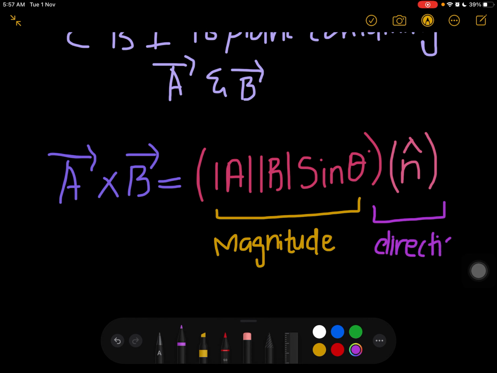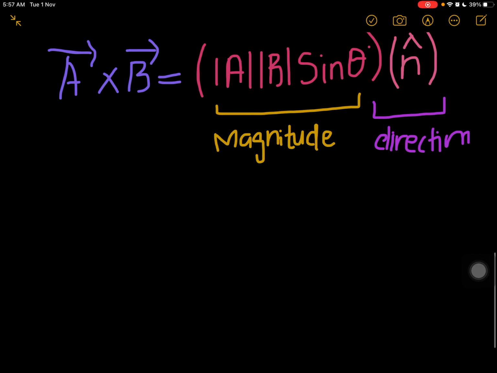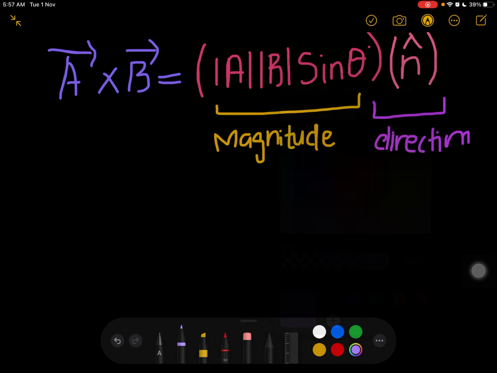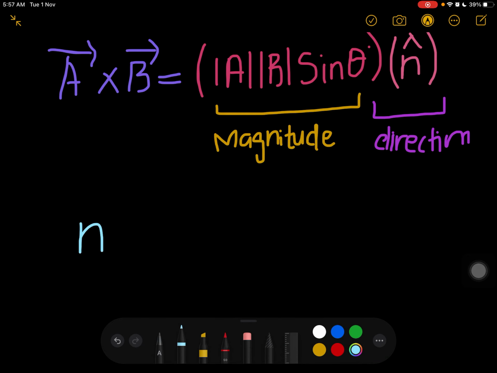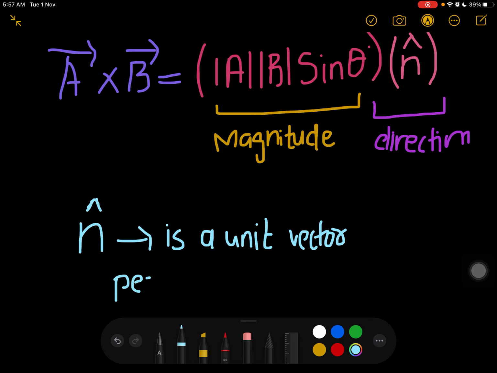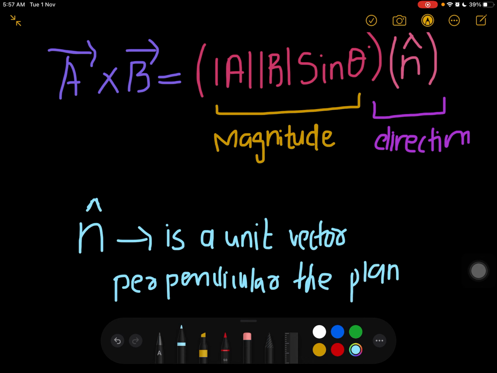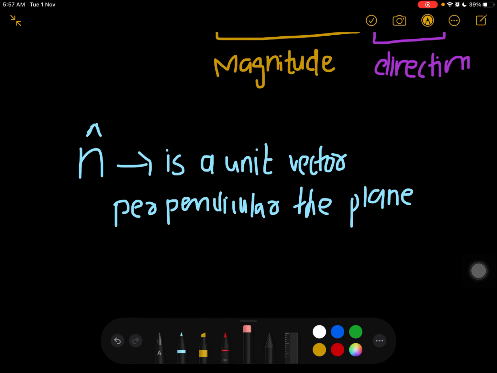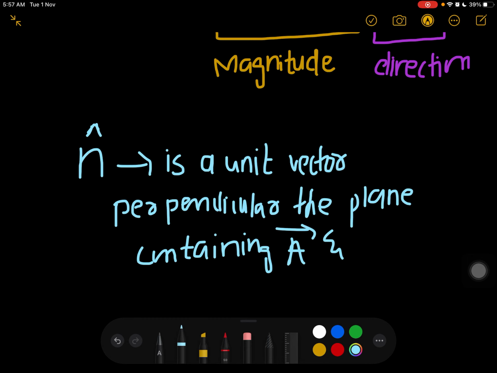It can be any direction, but you have to remember this: this n vector, this n, is a unit vector perpendicular to the plane containing A vector and B vector.